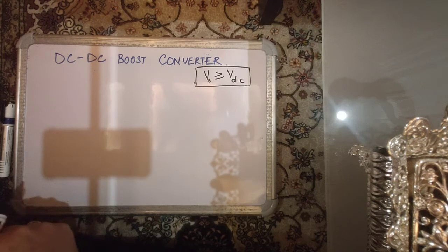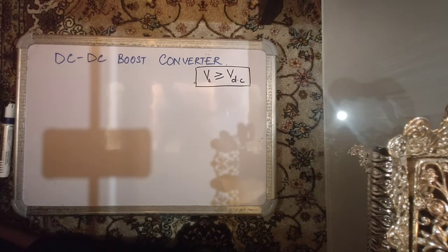One of its most important applications is in solar energy conversion systems, where you generally want to boost the voltage of solar arrays, solar panels, before making it reach a value where it can be effectively converted into AC.